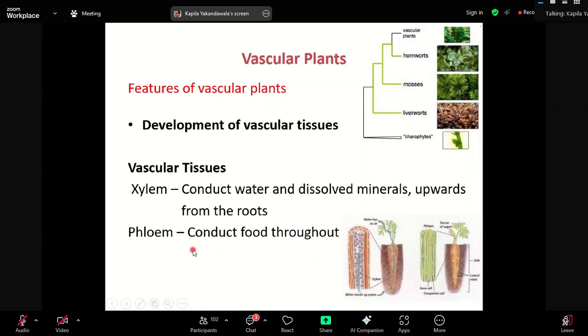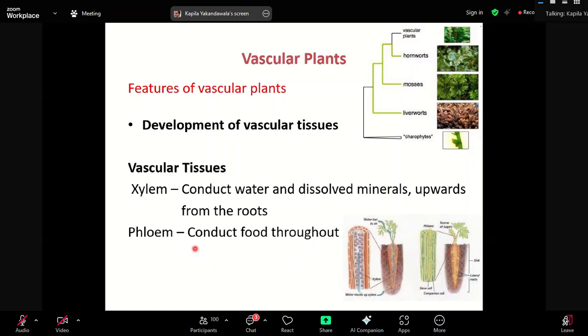As an example, in the carrot plant, when they produce food in the leaves, they can transport it into the roots and store it. Or else, if you look at the jack tree, it produces food in the leaves, then transports it not to the roots, but to the branches, and the branches have fruits.